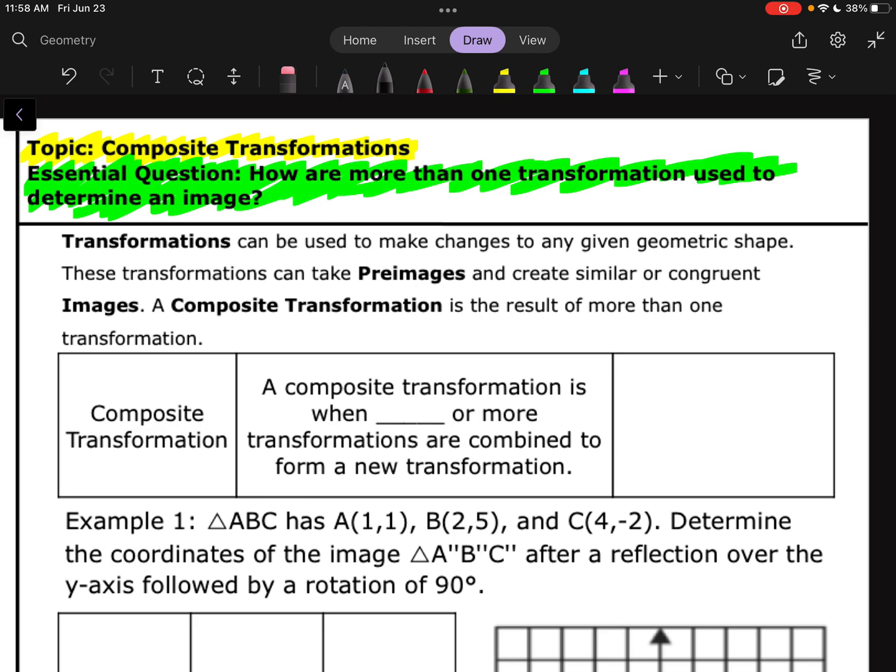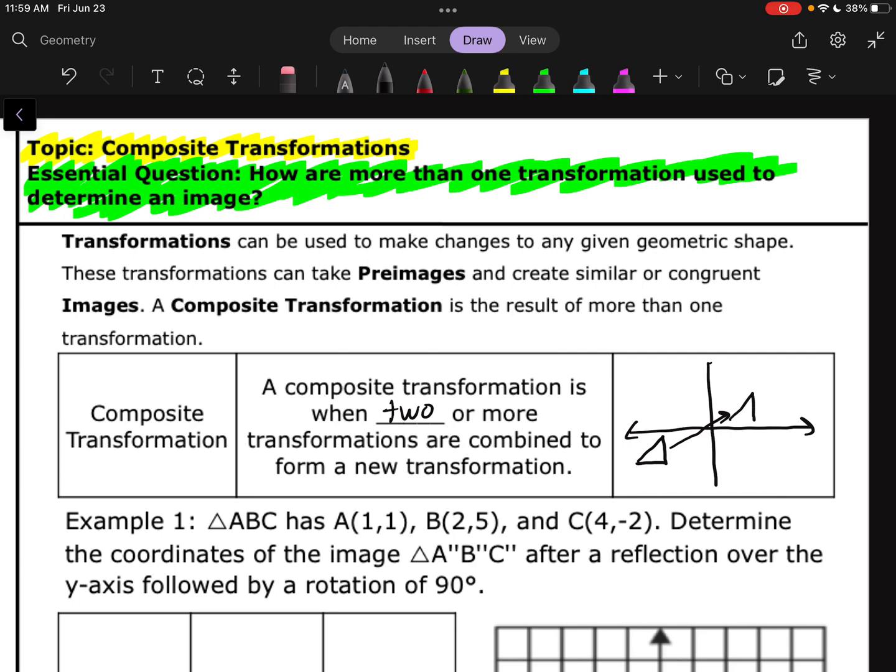A composite transformation is when two or more transformations are combined to form a new transformation. So for example, if we've got our X and Y axis here, and maybe we're going to take a triangle over here. We're going to slide it up here.